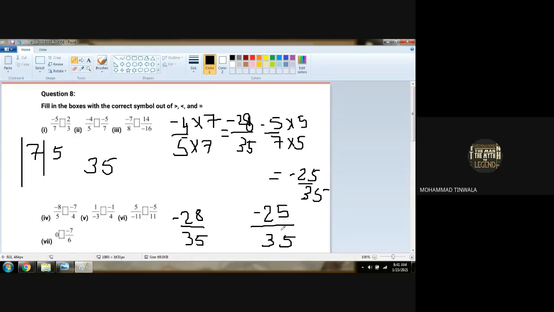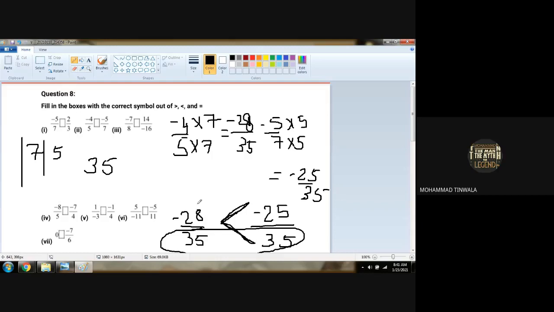Is it 25? No, minus 25. Minus 25. In negative numbers, the smallest number will be the greater number. Have you got? Because the denominator we got is same. Now in numerator we can check out the smallest numerator in negative will be the greater number.